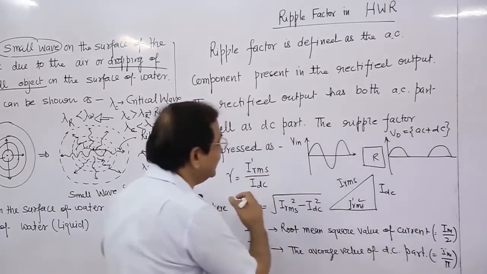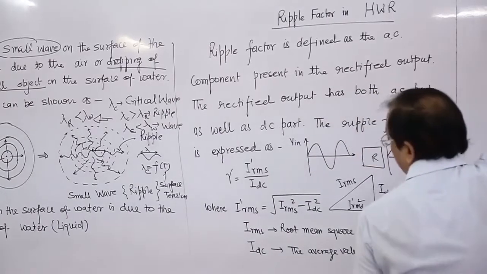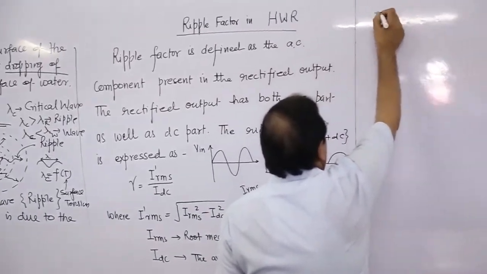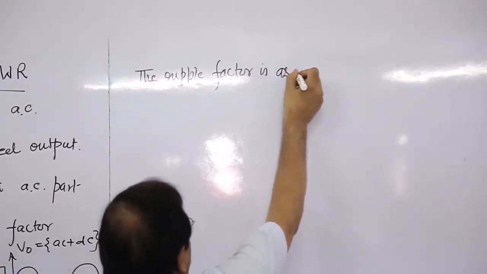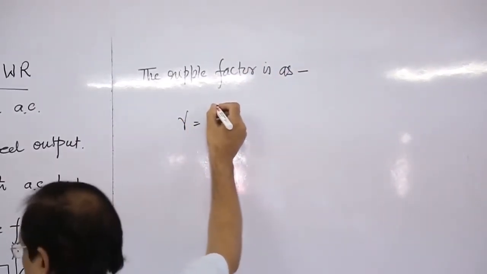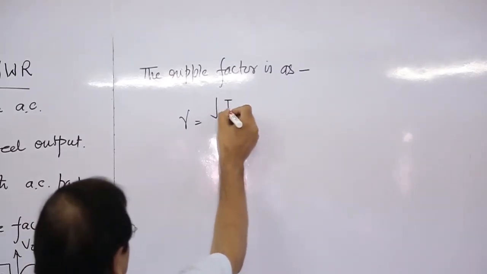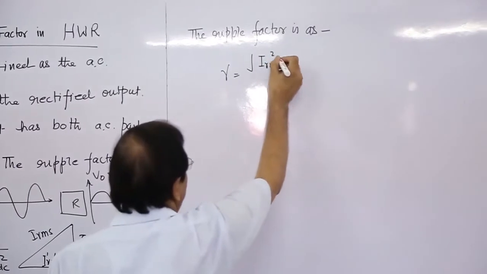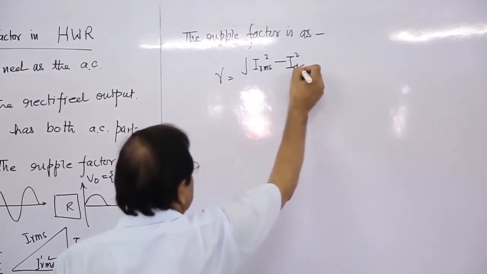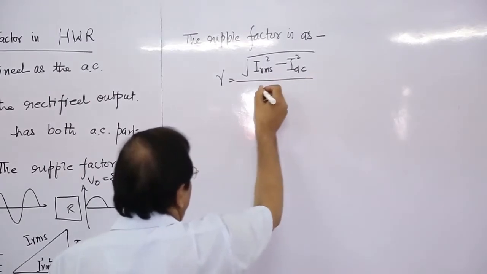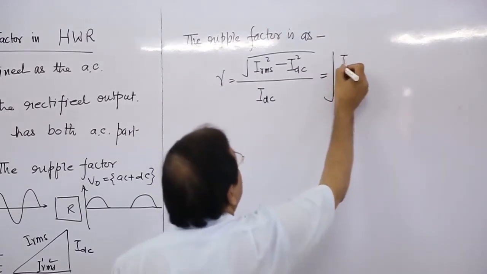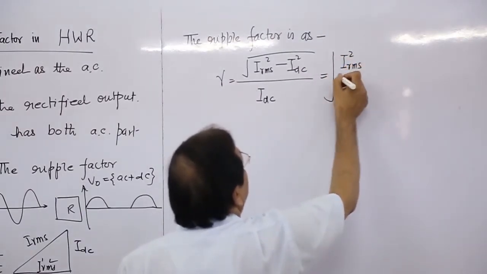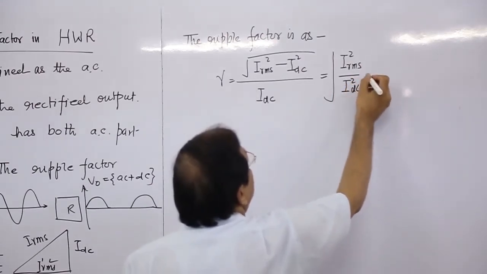So, substituting this value, the ripple factor gamma is equal to the square root of I RMS squared minus I DC squared, whole divided by I DC. This can be written again as the square root of I RMS squared upon I DC squared minus 1.